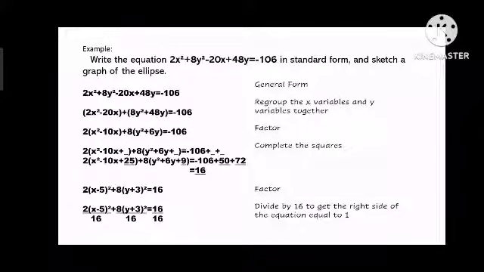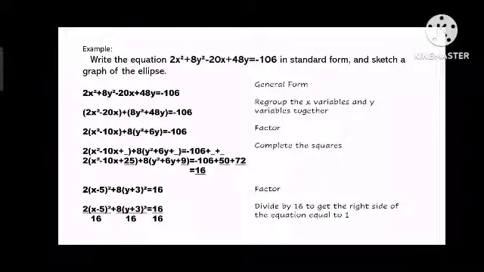But as you can see, 50 and 72 were added. That is because we added 25 inside the parentheses that are multiplied by 2, so 25 times 2 equals 50. The same situation applies to 9 and 8, which multiply to 72. So negative 106 plus 50 plus 72 equals 16. So we have 2 quantity x squared minus 10x plus 25 plus 8 quantity y squared plus 6y plus 9 equals 16.